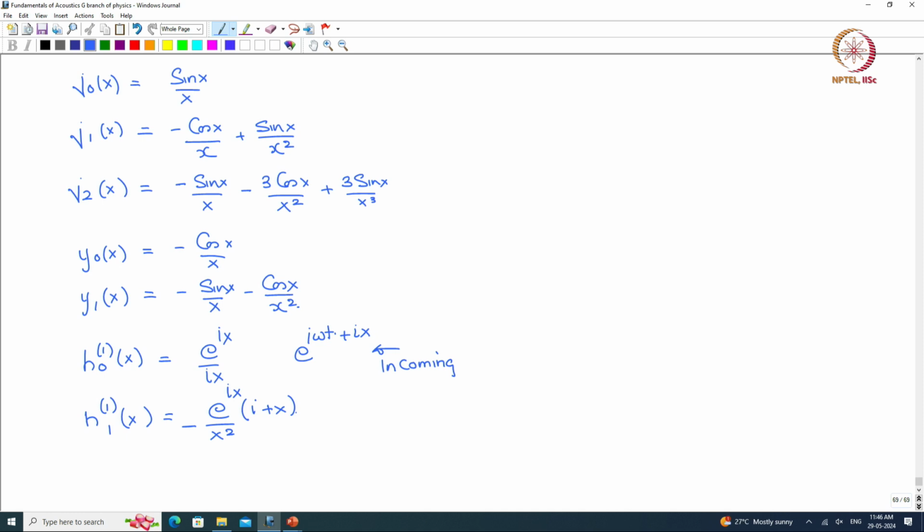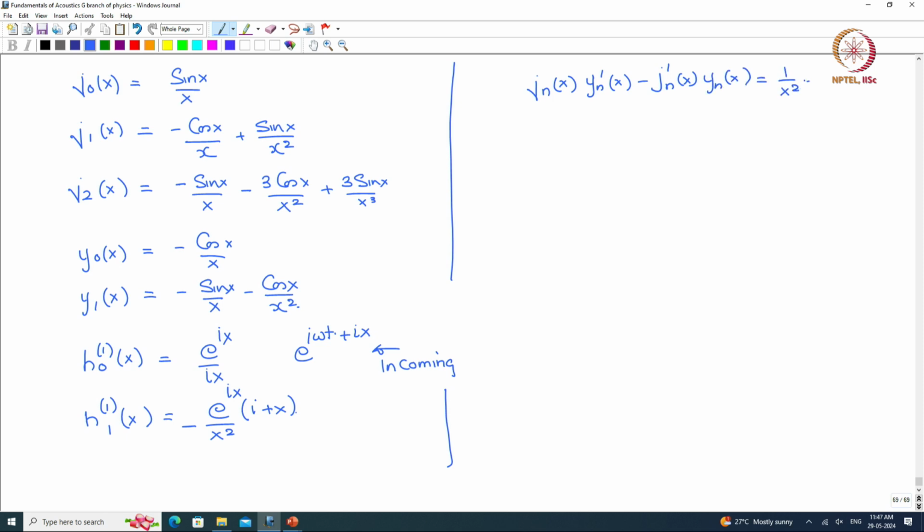There are a few more important relations that we need during our solution process. One is Jn of x Yn dash of x minus Jn dash of x Yn of x is equal to 1 over x square.